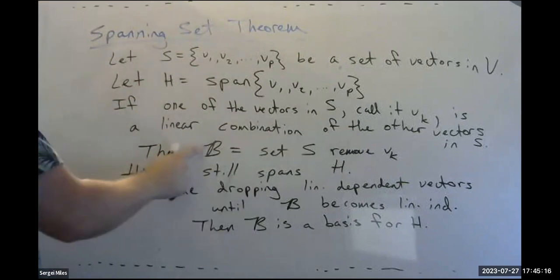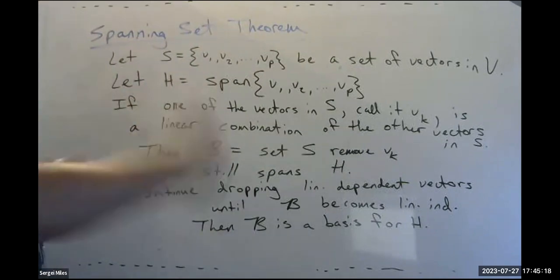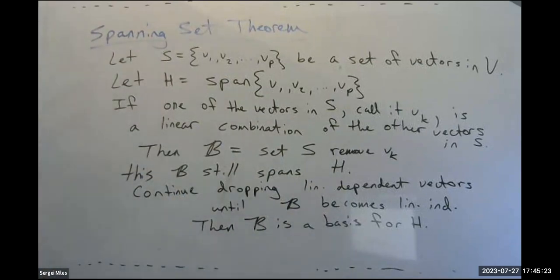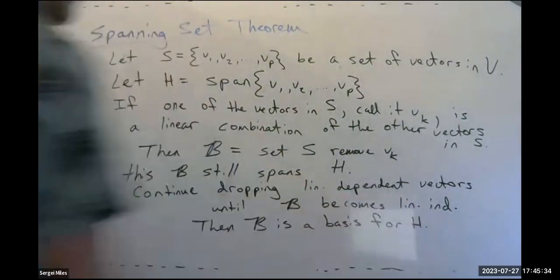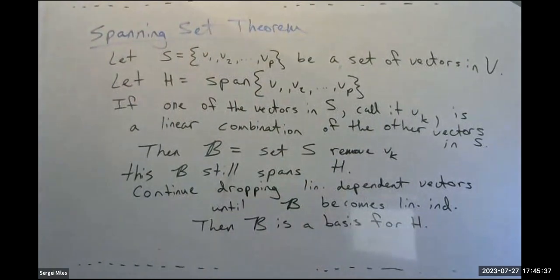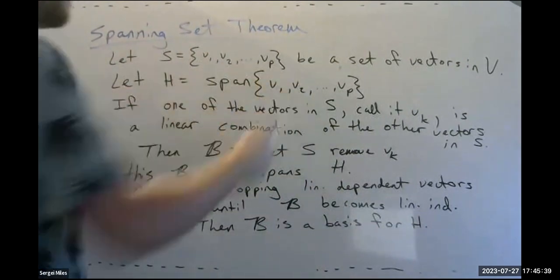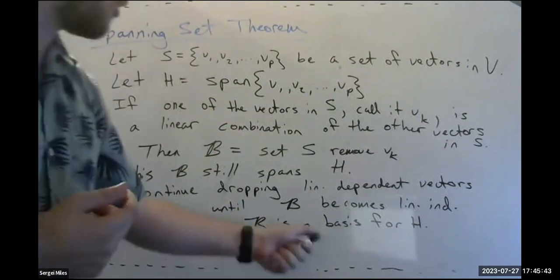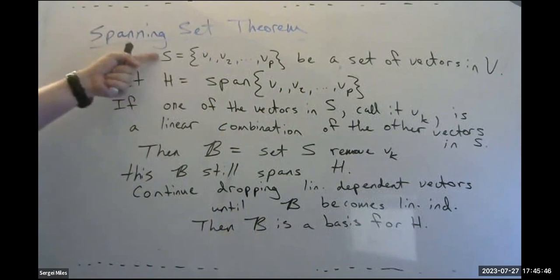You keep going and recursively repeat, and you keep creating a new set B each time you remove a vector until you've removed all of the dependent vectors and there are only independent ones left. Once that happens, then your set that remains, all of those vectors are linearly independent, which is a requirement to be a basis. And then H already equals the span of it because you can drop the dependent ones. Therefore, you can then create a basis from any set like this.